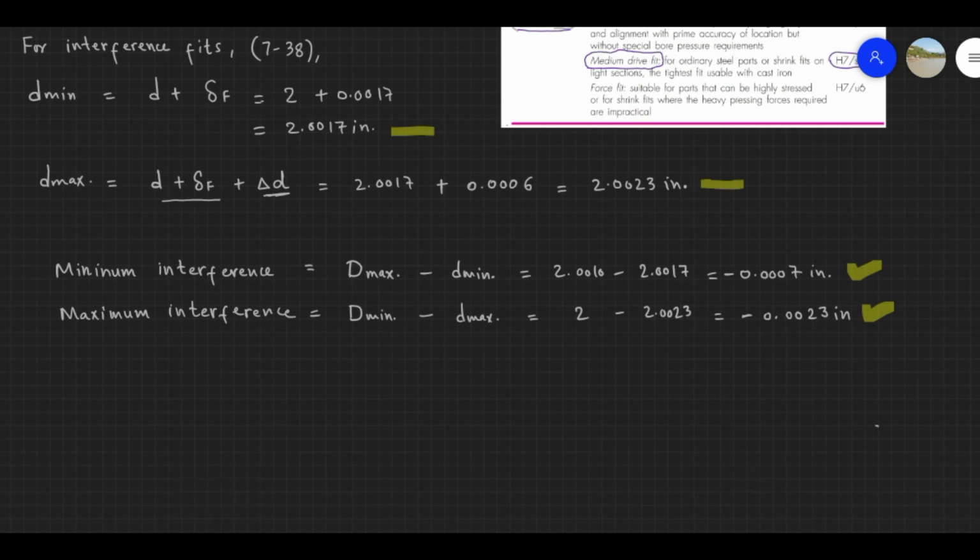For your practice, you need to solve the given problem. You have to find the hole and shaft dimensions, just like in this problem, but for a basic size of 1.5 inches, and you should use a medium dry fit.